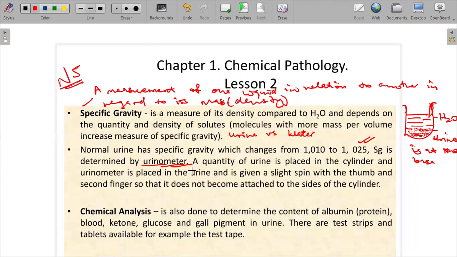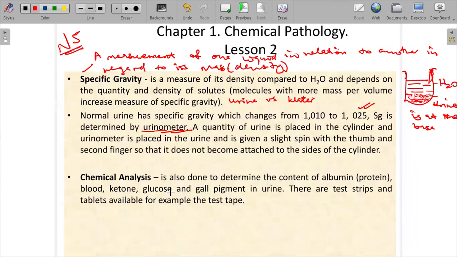And then chemical analysis is also done to determine the contents of proteins, blood, ketones, glucose and other bile pigments in the urine. There are test strips and also tablets available, for example the test tape, which can also be used to identify chemicals in the urine.